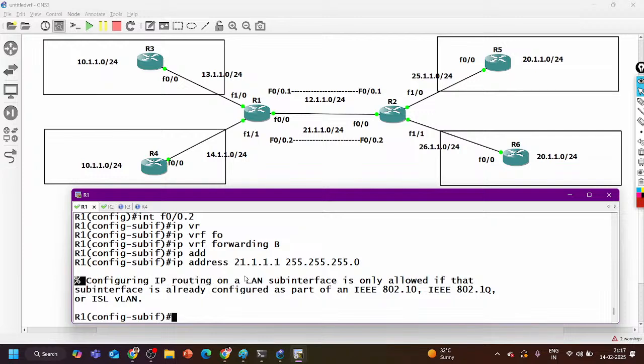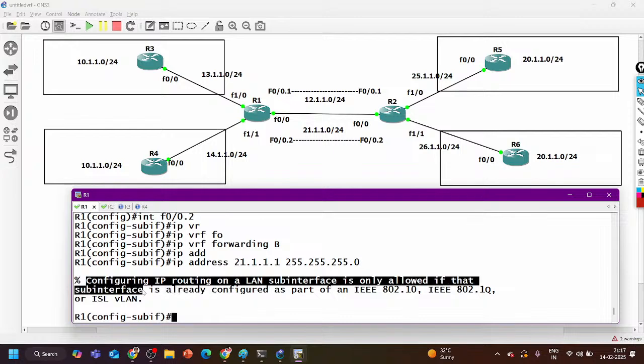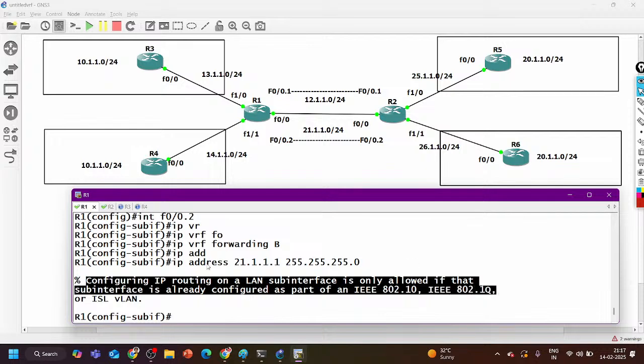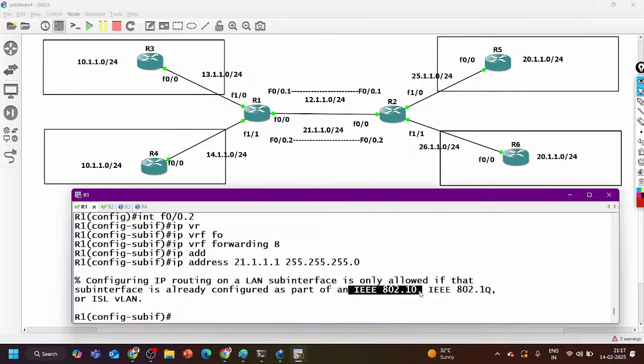Configuring IP routing on LAN subinterfaces is only allowed if that subinterface is already configured as part of IEEE 802.1Q. The subinterface should first be configured for either IEEE 802.1Q or IEEE 802.10 or ISL VLAN. Then only you can configure the IP on the subinterface.